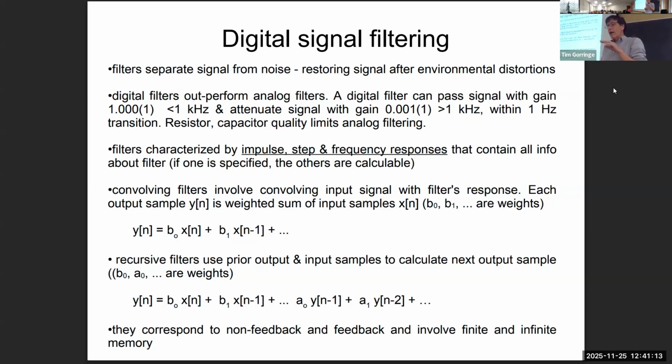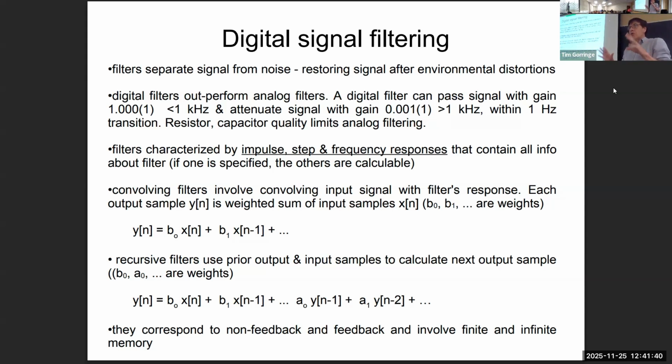So these 3 ways, frequency, impulse, and step responses, are 3 different ways to characterize digital filters. Sometimes one or the other is useful. They're all equivalent to one another. So if you know the frequency response, you can figure out the step and the impulse response. Or if you know the step response, you can figure out the frequency and the impulse response. So they're all equivalent to one another.